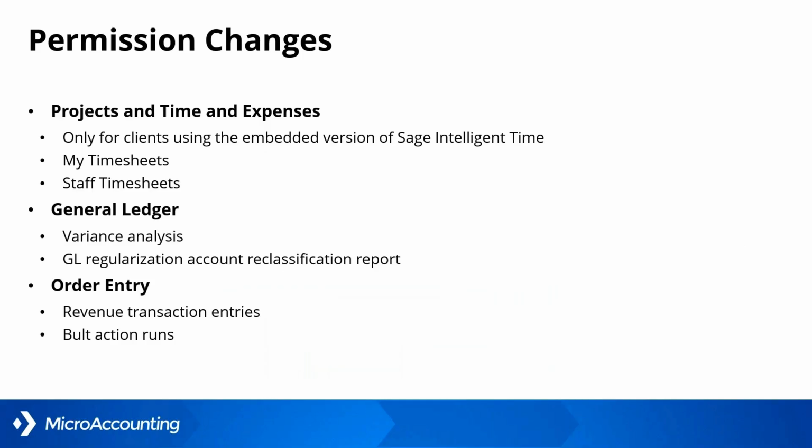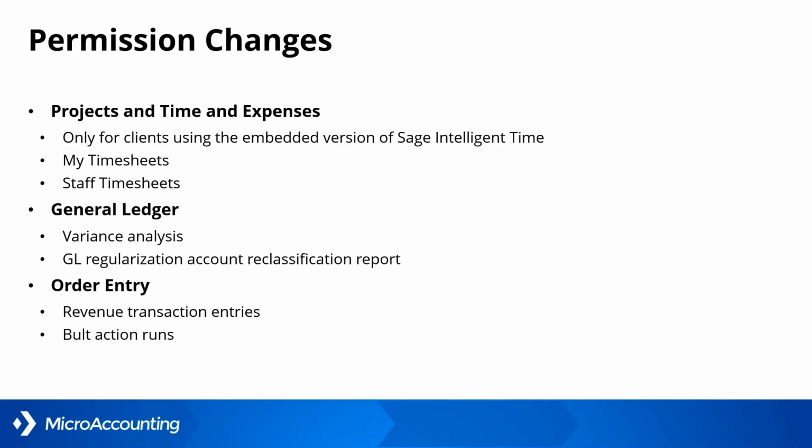So throughout the modules, there are a few things that are changes in permissions that you may want to look at for your team. In projects and time and expenses, there are some changes for clients that are using the embedded version of Sage Intelligent Time, and there are some changes to permissions under My Timesheets and Staff Timesheets.